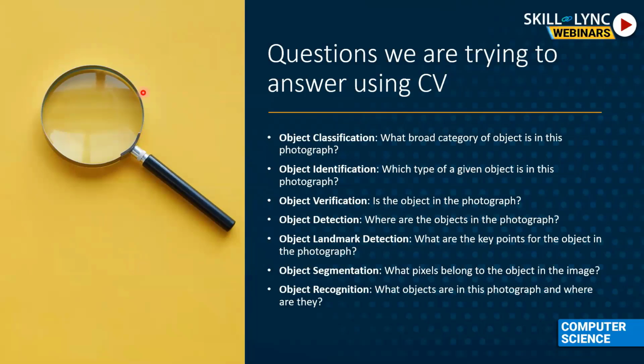These pixels belong to this magnifying glass, and these other yellow pixels, although both are yellow, these belong to the magnifying glass, and these other pixels are just the background. So using object segmentation, we can see what kind of pixels belong to the object and what kind of pixels don't belong to the object.